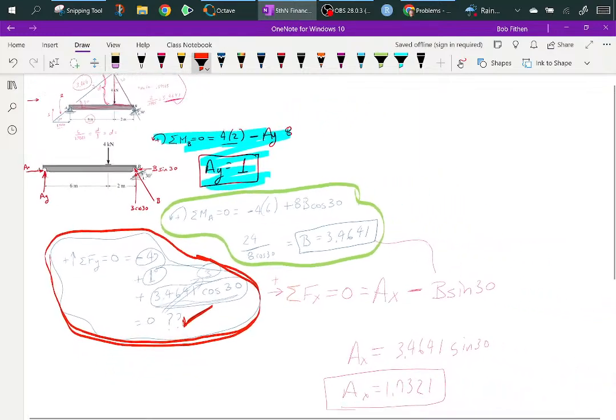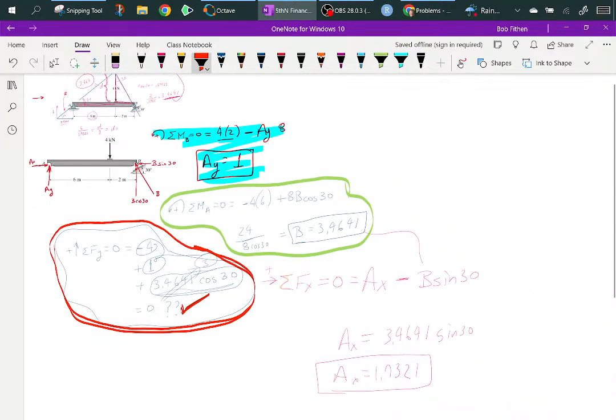Next thing I did is I said, okay, I've got to find the X reaction. So I did that with the sum of the forces in the X.